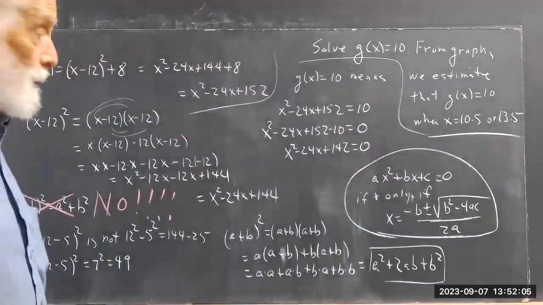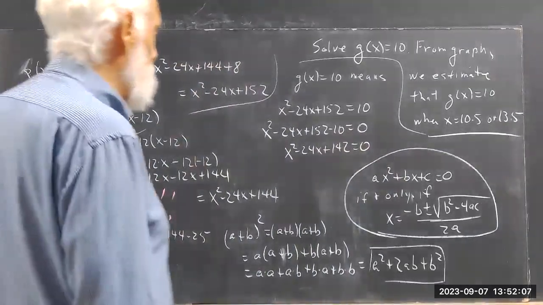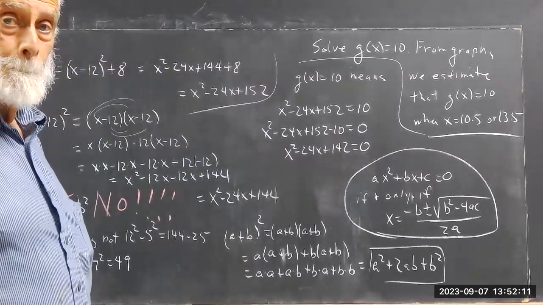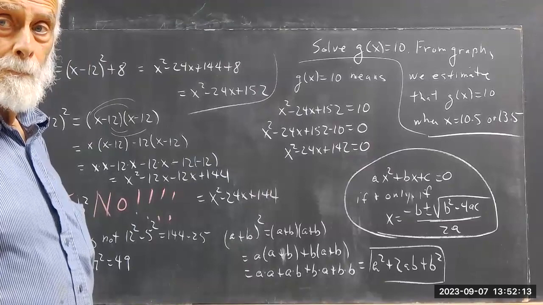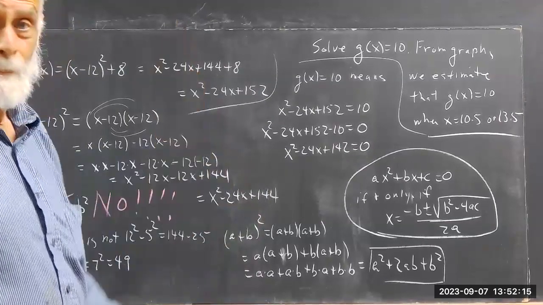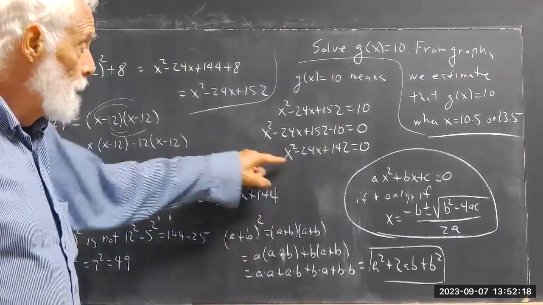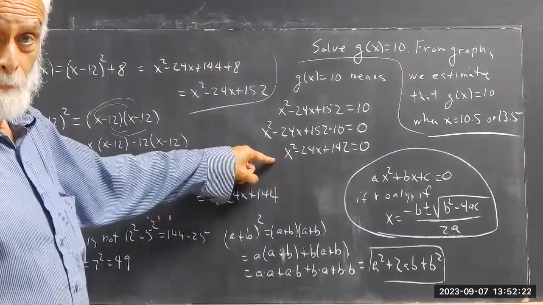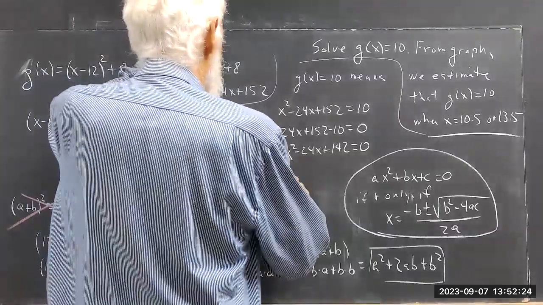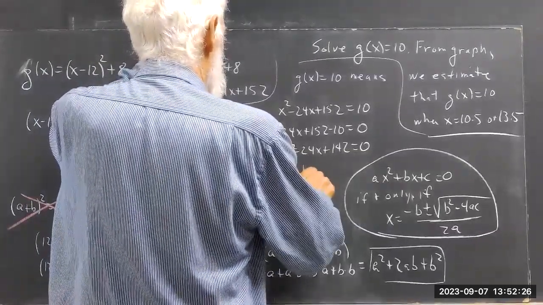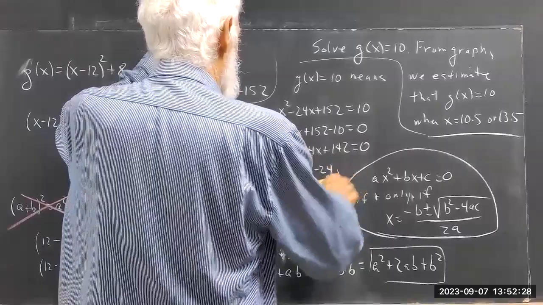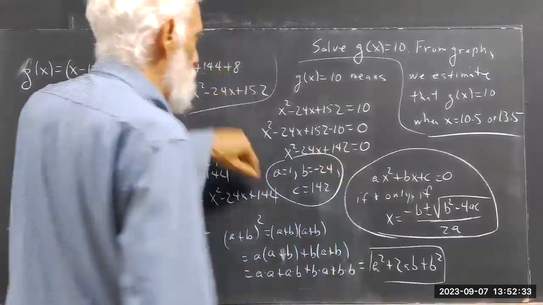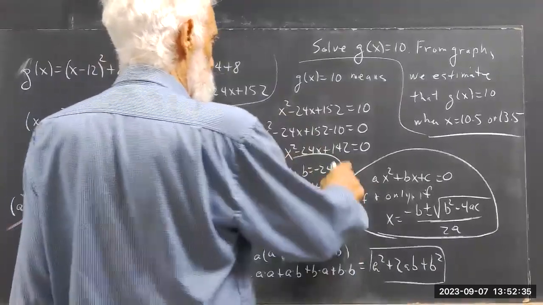Now, show me with your fingers, what's the value of a? One. a is the number in front of x squared. There isn't a number in front of x squared, so it's automatically 1, right? a is 1, b is negative 24, c is 142.